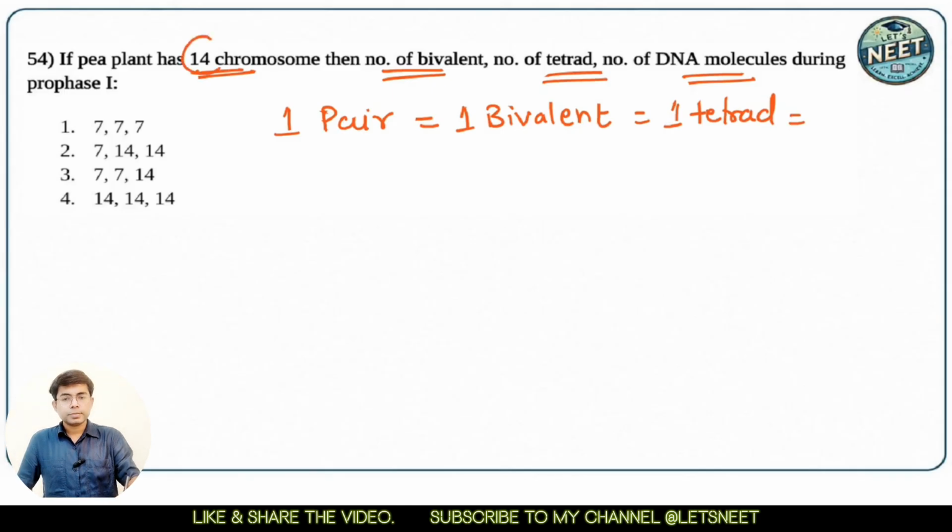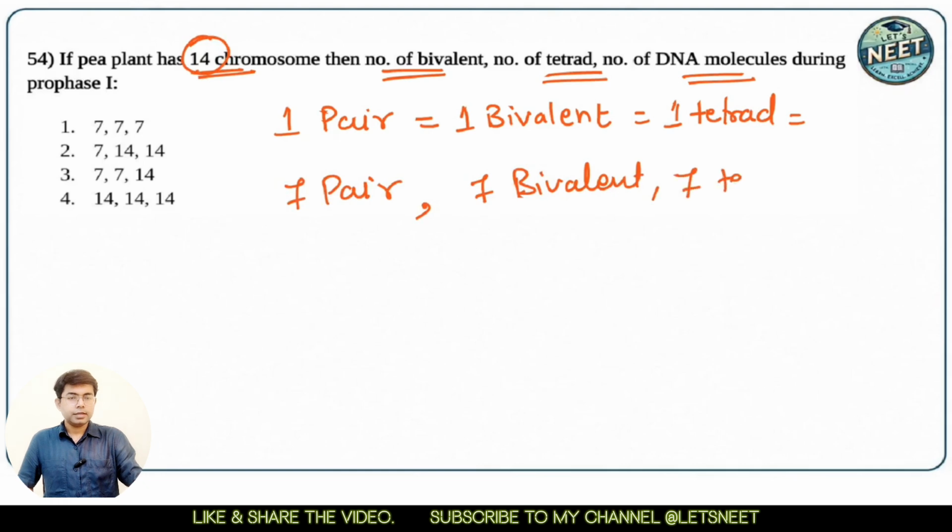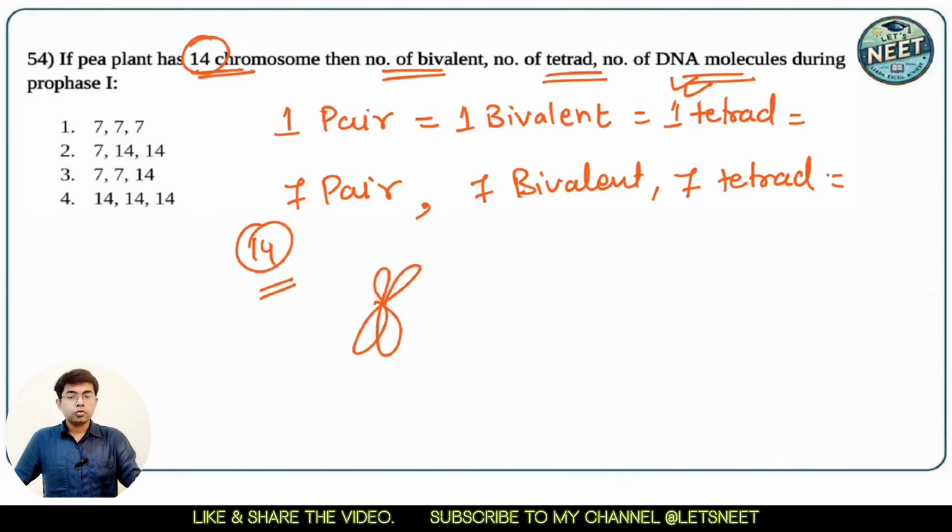So 14 chromosome means how many pair? 7 pair. So how many bivalent? 7 bivalent. How many tetrad? So 7 tetrad. And how many DNA molecule? So see, there are total how many chromosome? So there are total 14 chromosome, right? Because there are 14 chromosome and each chromosome has 2 chromatid.